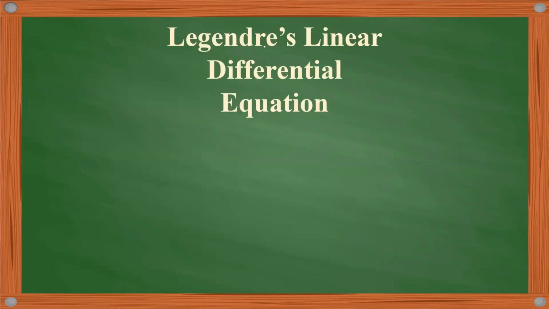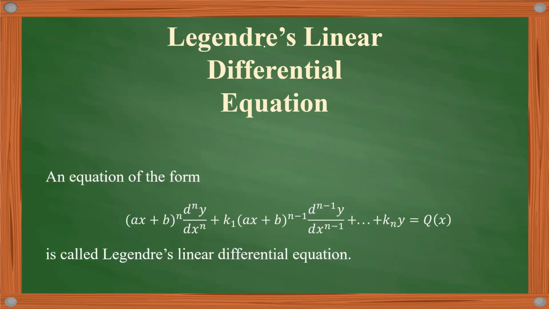And we have done enough practice for this Cauchy linear homogeneous differential equation. Now let us learn another type of linear differential equation, that is Legendre's linear differential equation. We can define this equation by this formula.